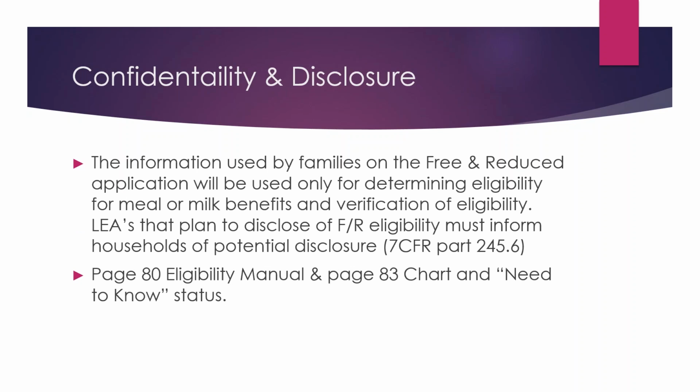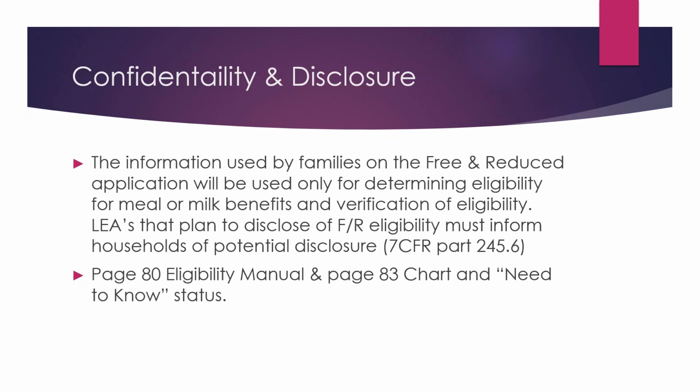Confidentiality and disclosure. So the information provided by families on the free and reduced price application is to be used only for determining eligibility for meal and milk benefits and also for verification of eligibility. So LEAs that plan to disclose the free and reduced eligibility must inform the households of potential disclosure.